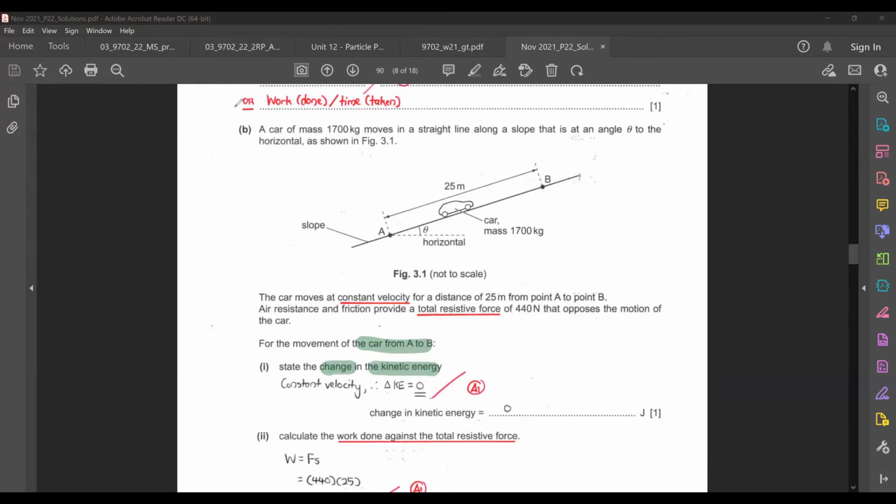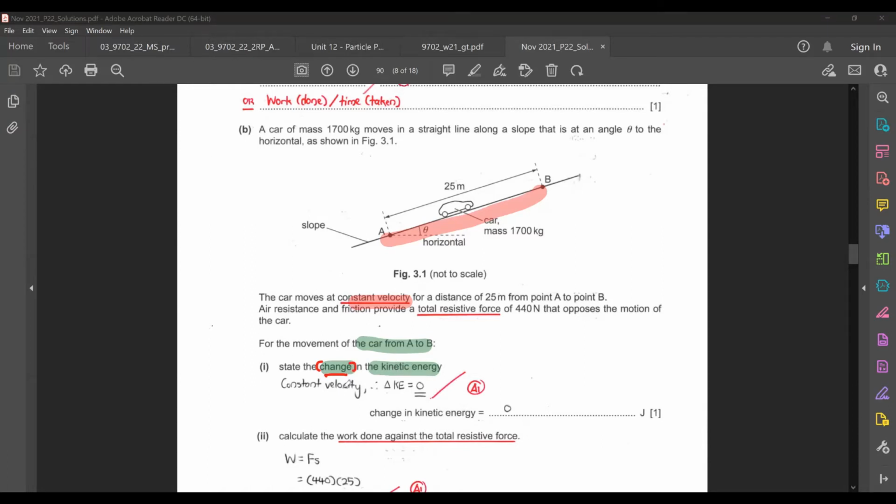The keyword here is: what is the change in kinetic energy? What you do know here is that there's a keyword: the car moves at constant velocity. From here all the way to here, it was moving at constant velocity. So right now, your question is asking for change in kinetic energy.